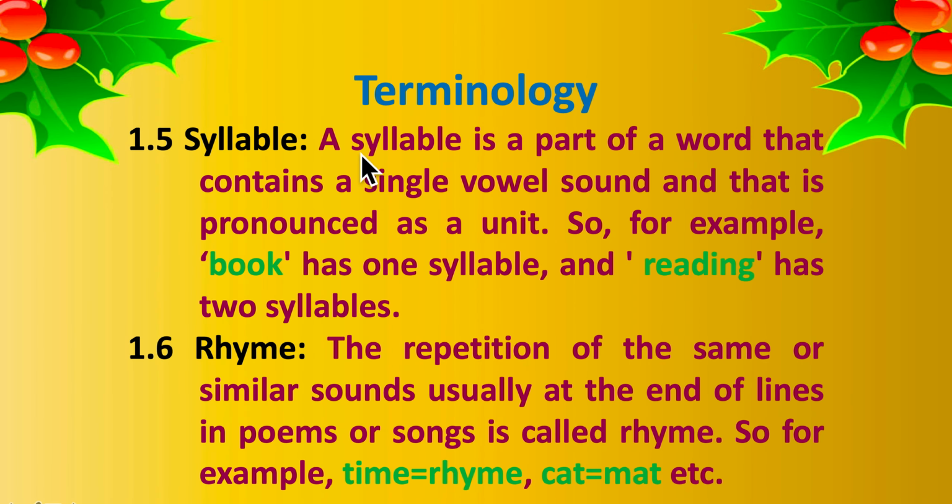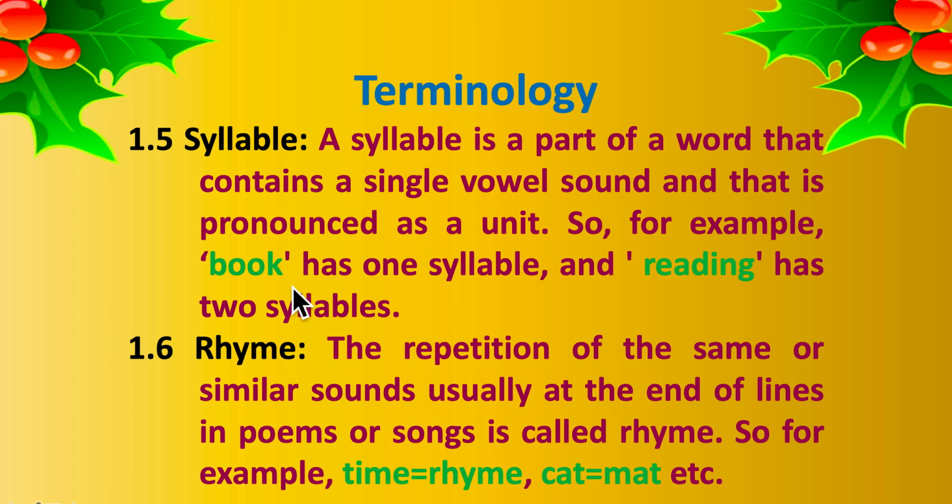1.5, syllable. You may have heard this word in the discussion of linguistics or syntax. Anyway, a syllable is a part of a word that contains a single vowel sound and that is pronounced as a unit. For example, book has one syllable and reading has two syllables. You must know the definition of syllable, but here it is as a reminder: it is a part of a word, it must contain a single vowel sound, and it must be pronounced as a single unit.